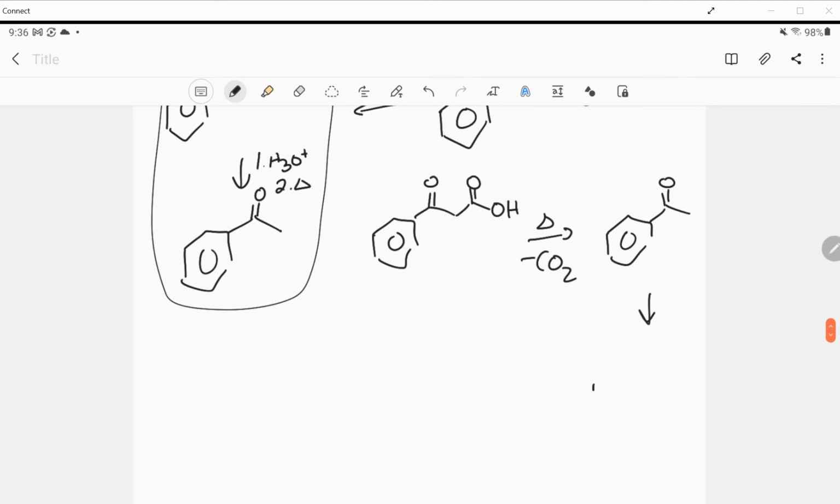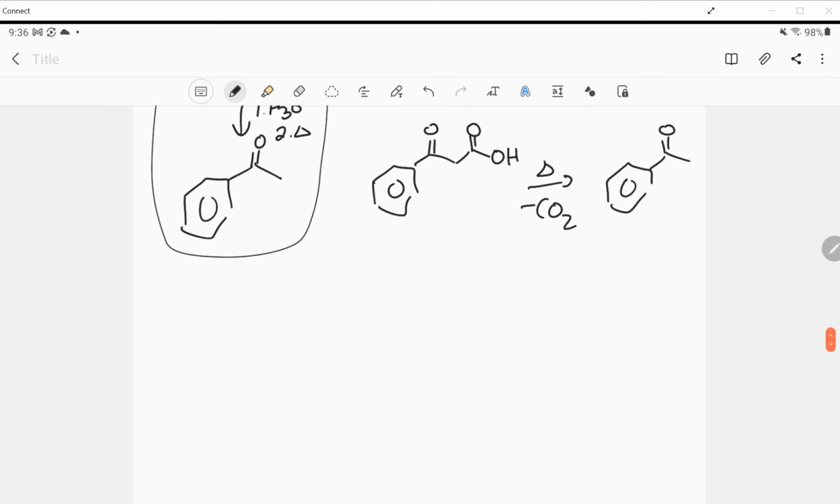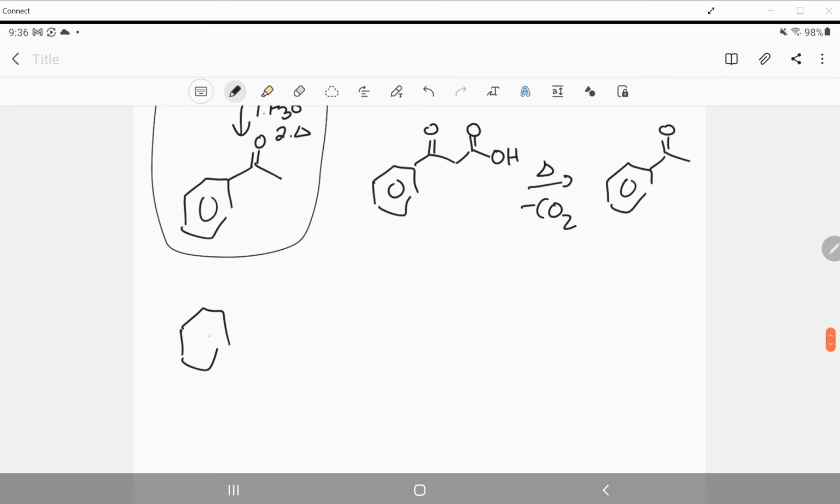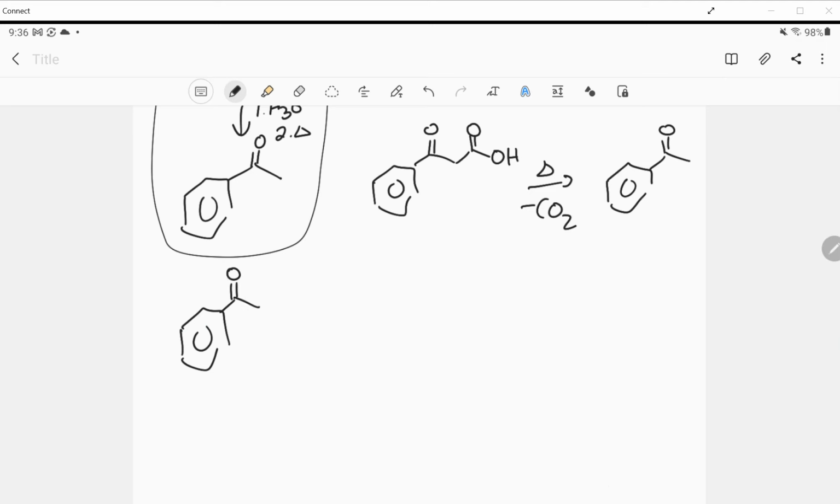Next. Yeah, I'm going to just do it on a separate line. So let's take that acetophenone that we just made, and let's turn it into, no, just this.